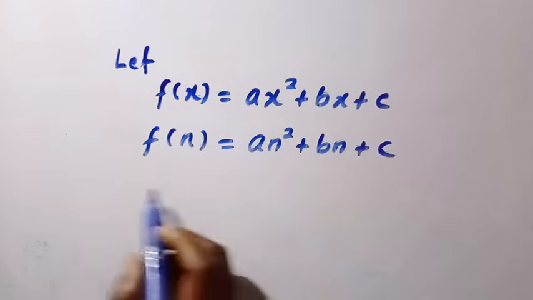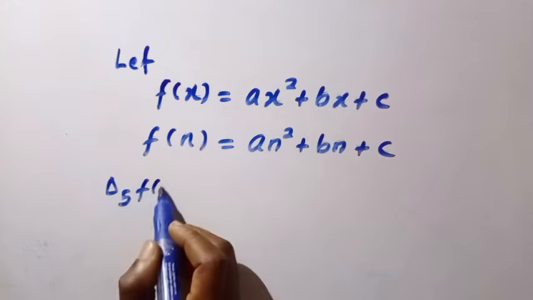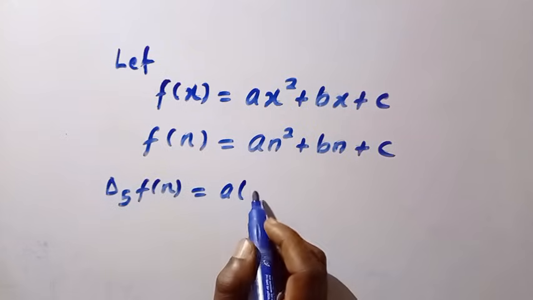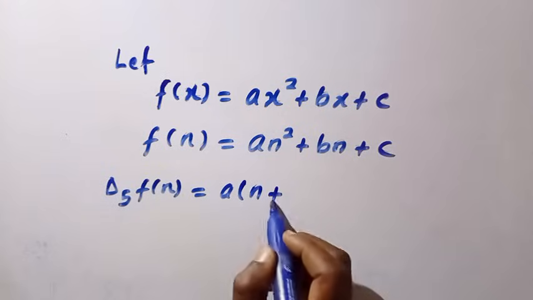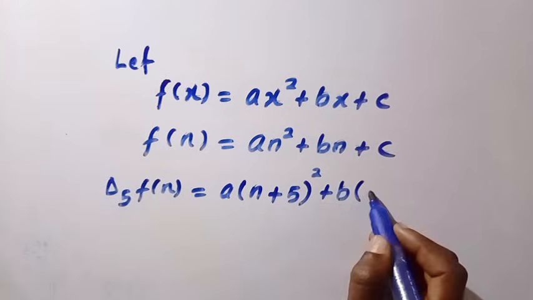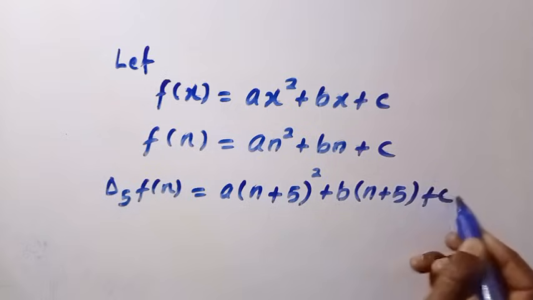And for a shift of 5, we have f of n plus 5 equals a into (n plus 5) squared plus b into (n plus 5), plus c.